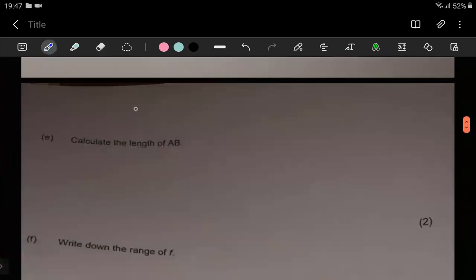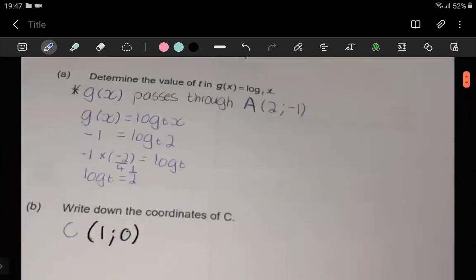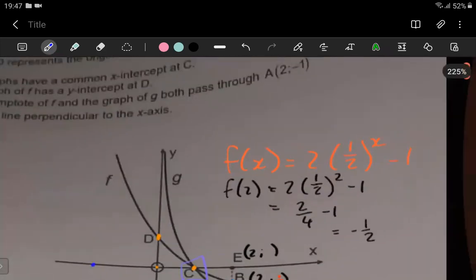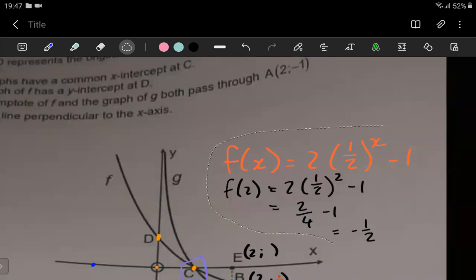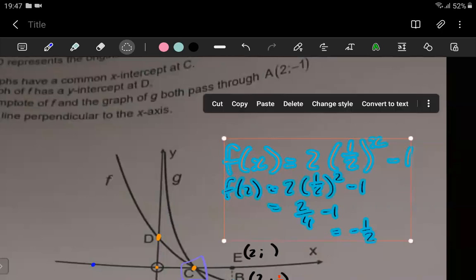So here AB is equal to a half. So all that we were writing here, we can just copy it and put it down to where our question is over there. So let's do this. Cut.